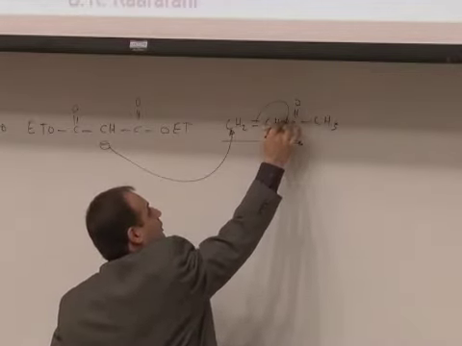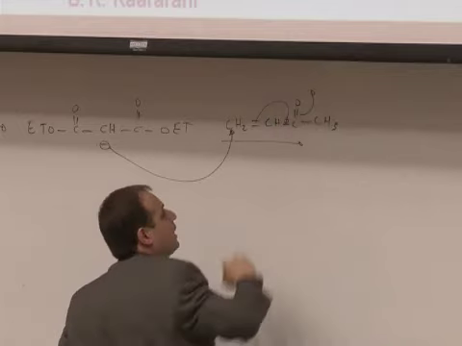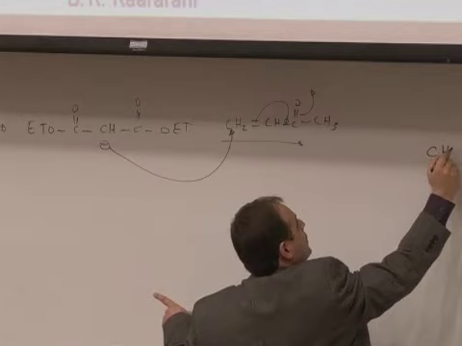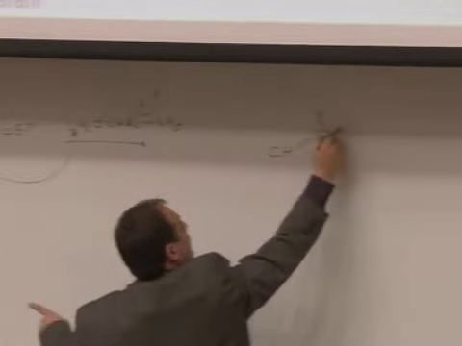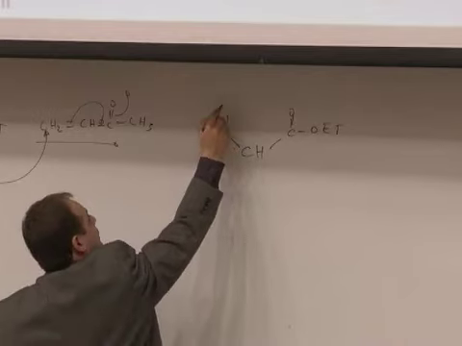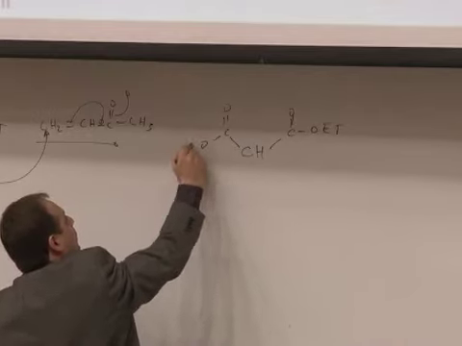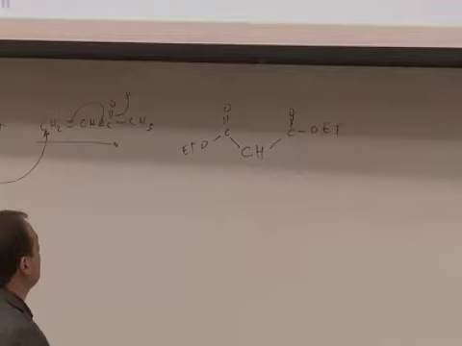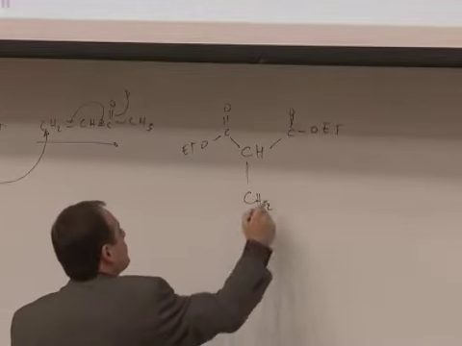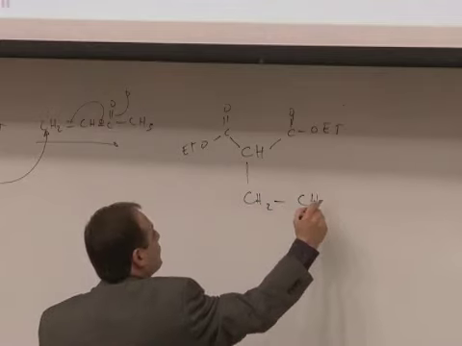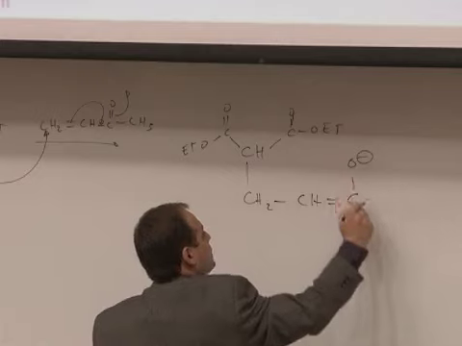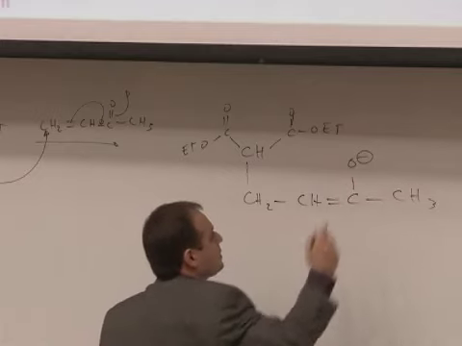You will have a double bond, and you will have O minus. So what you have is CH, C double bond O, O ethyl, C double bond O, O ethyl, and you have CH2, CH, double bond, C, O minus, CH3.